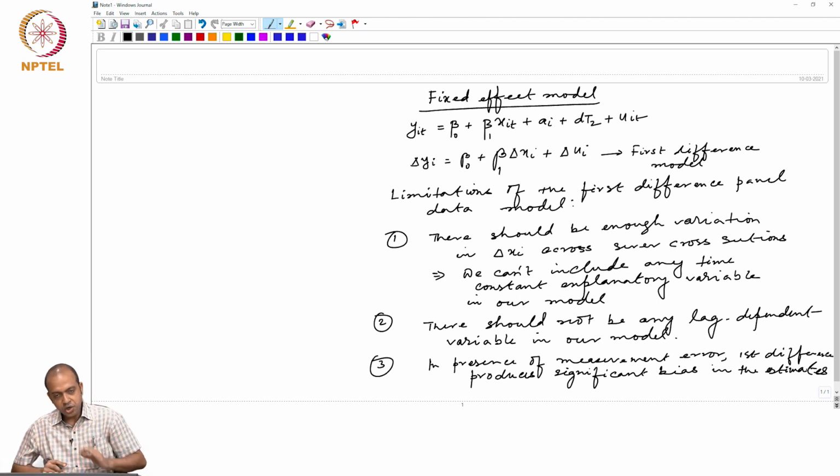So, these are the three major limitations in the first difference panel data model, because of which econometricians suggest another type of transformation of this model. Let us see what that transformed model is.